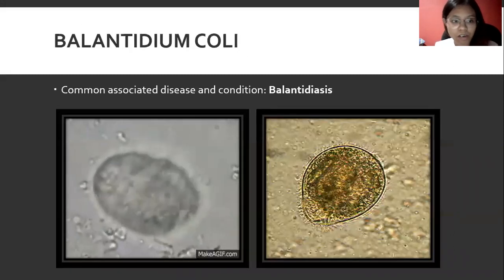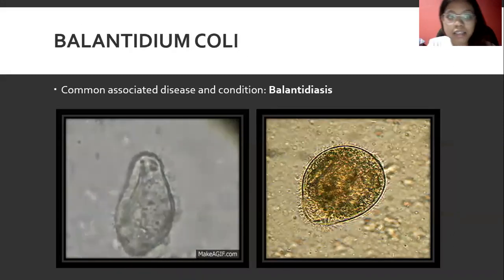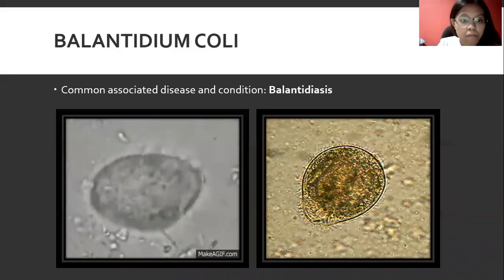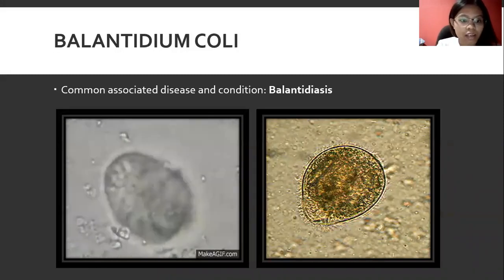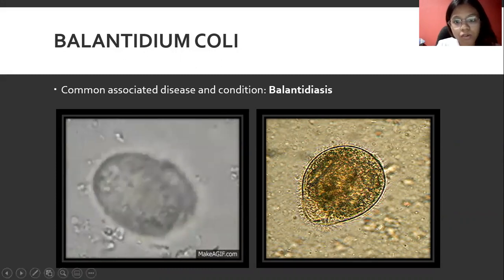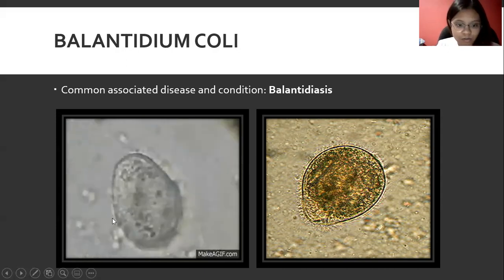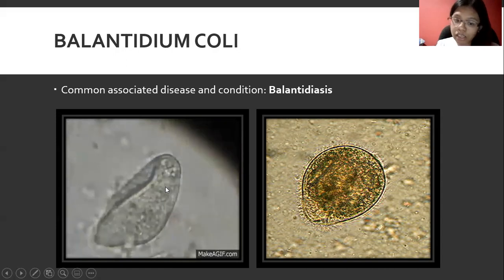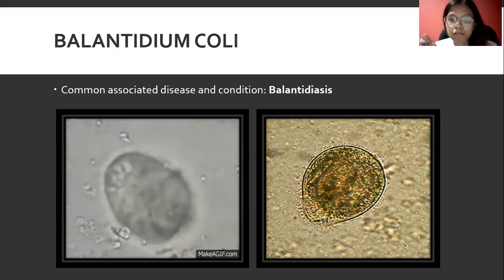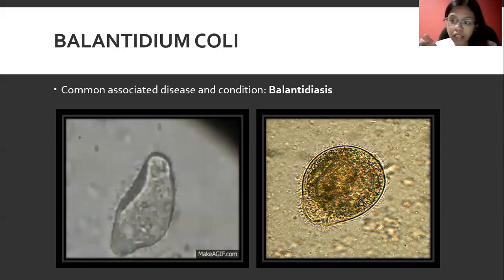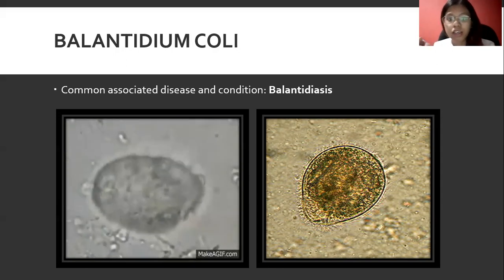Okay. So for our first parasite for today is the Balantidium coli. The common associated disease and condition, it is also the name of the sickness, is called balantidiasis. Katulad ng nabanggit ko kanina, yung ating Balantidium coli, they have cilia structure in the organism.